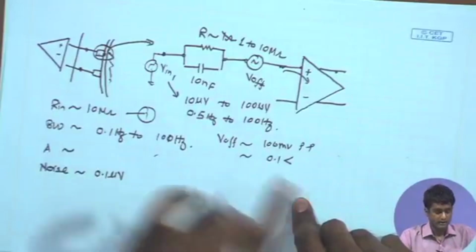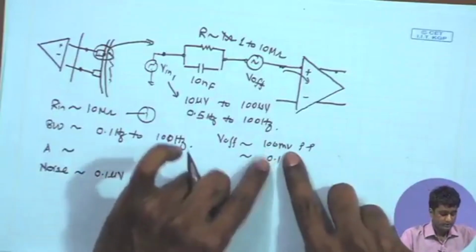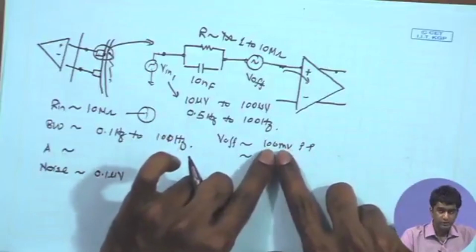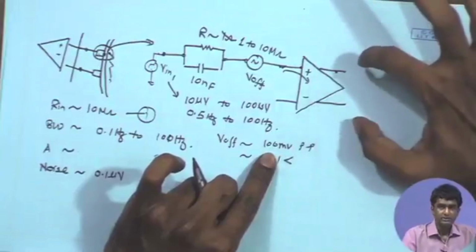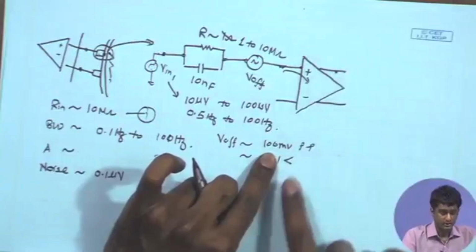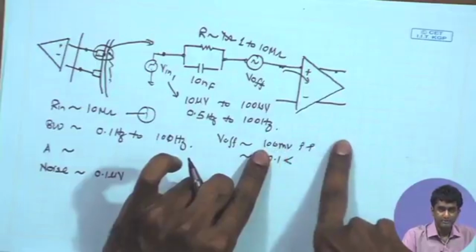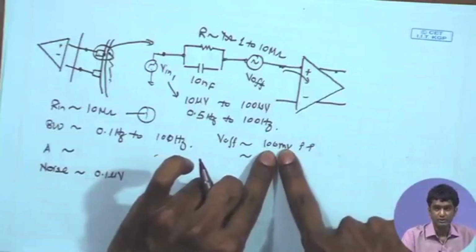And now, the question is that if we have to cater to this 100 millivolt peak to peak signal, considering the supply voltage limitation of our circuits, we must make sure that after amplification this 100 millivolt signal does not lead to clipping.